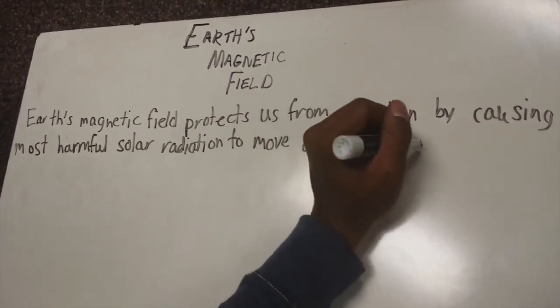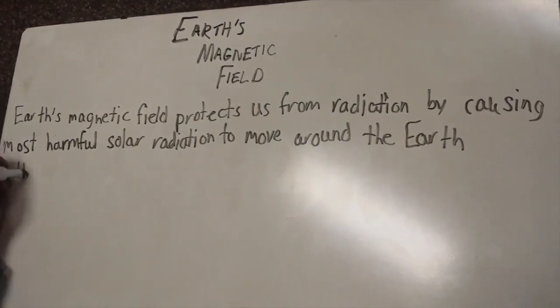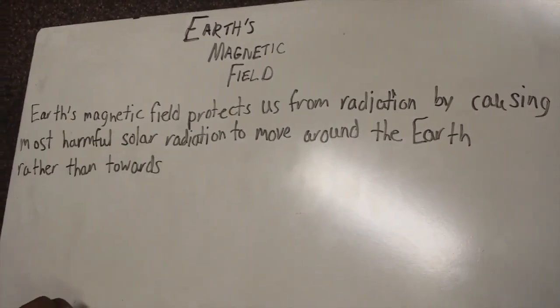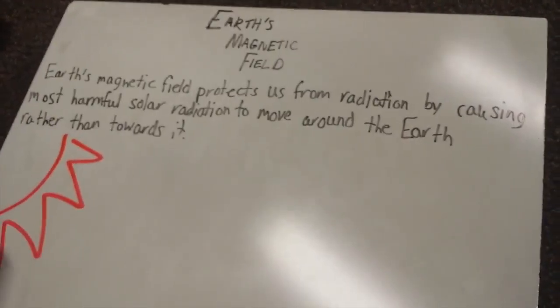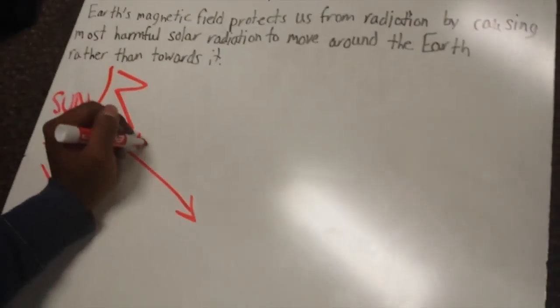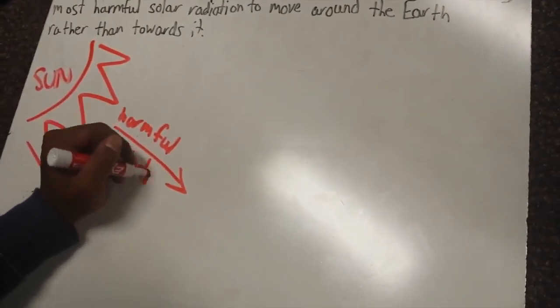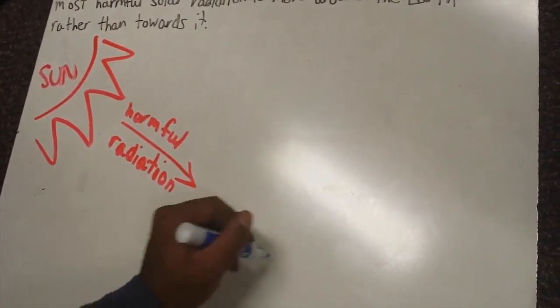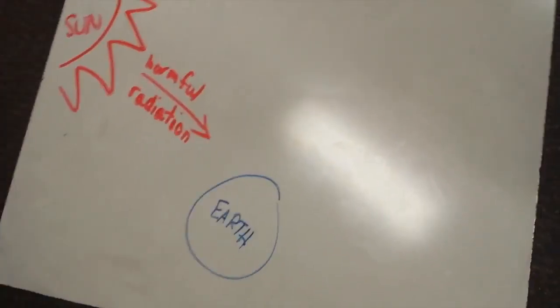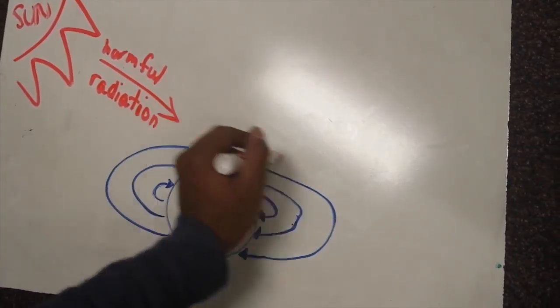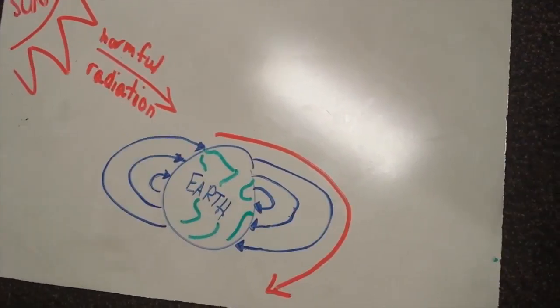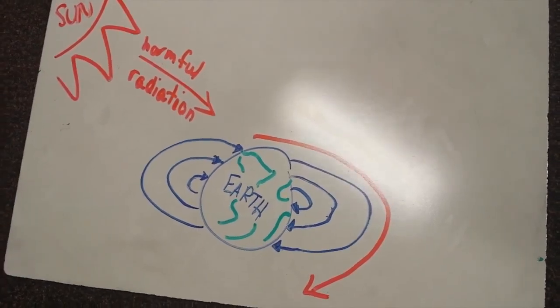Obviously, not all of the radiation is sent away from the Earth, but it redirects most of it so that we can live a safer life on this planet we call Earth. There's the harmful radiation, there's Earth's magnetic field, and voila, it just slingshots right around it.